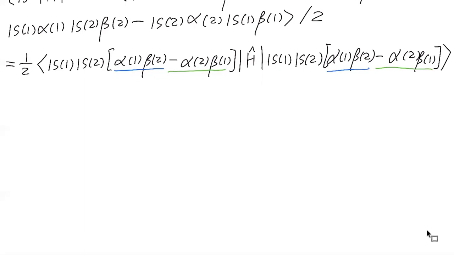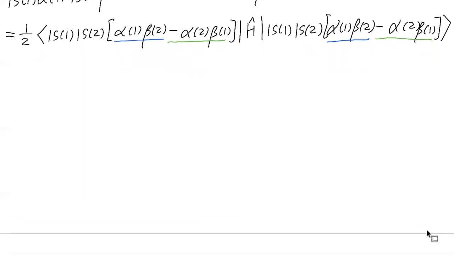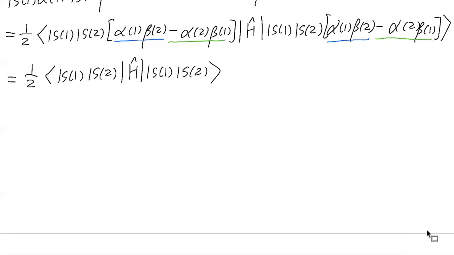And therefore, this expression can be further simplified to 1 over 2, 1s1, 1s2, H, 1s1, 1s2, times 1 plus 1, right? The first one comes from alpha 1, beta 2, the inner product. And the next positive one comes from negative alpha 2, beta 1 times negative alpha 2, beta 1, right?